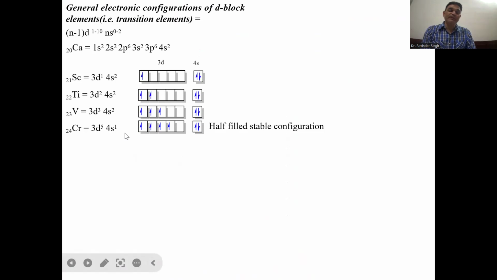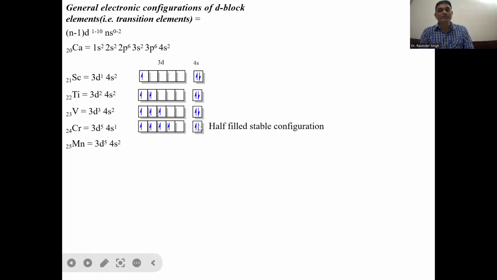Because of that, the exceptional configuration for chromium is 3d5 4s1, not 3d4 4s2. One of the 4s electrons jumps into the vacant 3d to acquire the half-filled stable configuration.